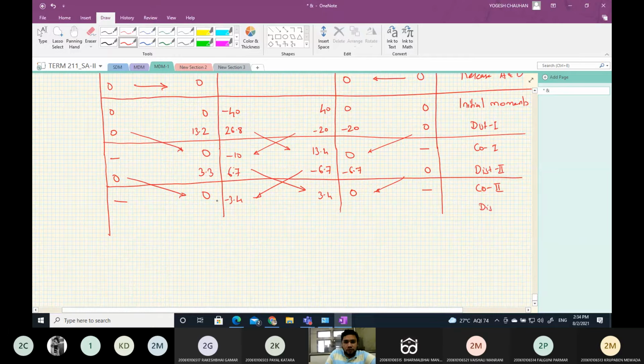Now still we have unbalanced moment of 3.4. So let us take one more cycle.